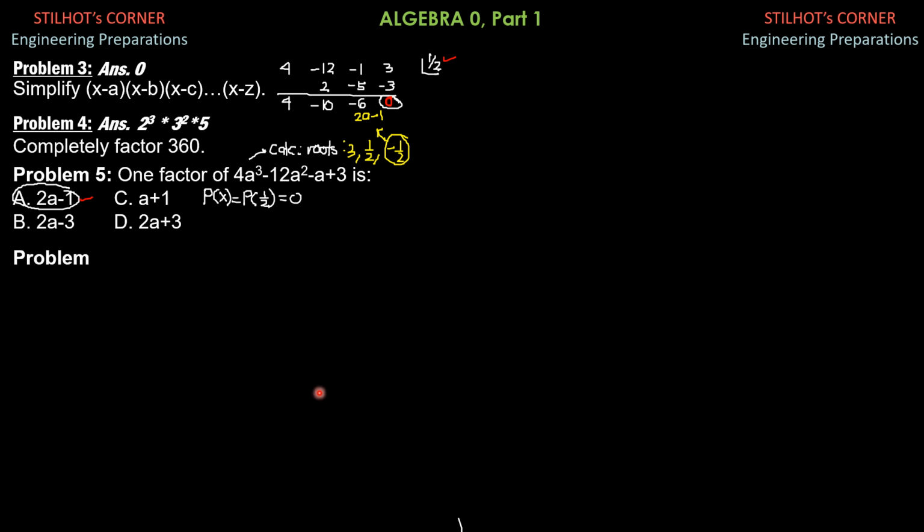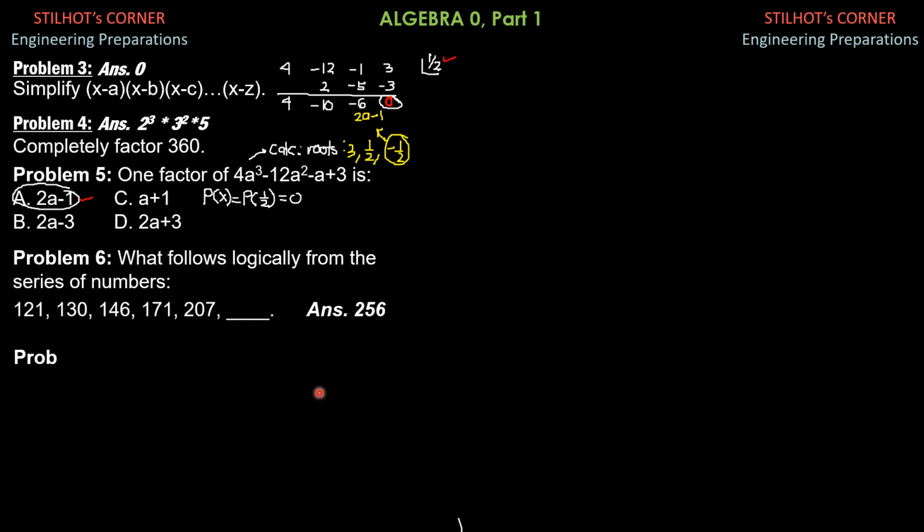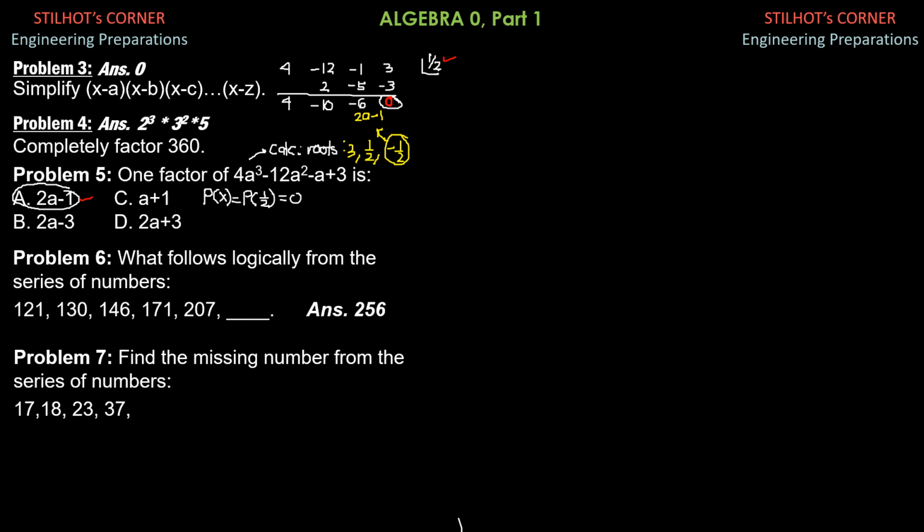The next problem: what follows logically from the series of numbers 121, 130, 146, 171, 207, and so on?